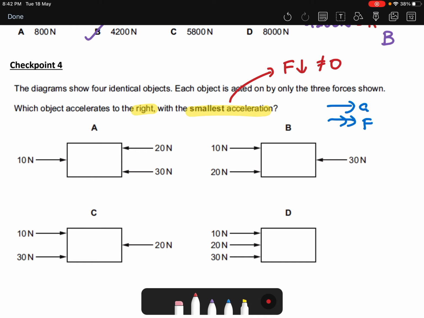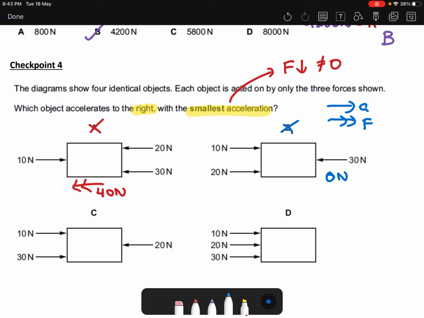Option A, if you take a look, is 50 Newton towards the left, 10 Newton towards the right. So cannot be right, because there will be a resultant force of about 50 minus 10, 40 Newton towards the left. Okay, option B, if you look, 30 Newton towards the right, 30 Newton towards the left. So the resultant force is 0 Newton. Okay, even worse.